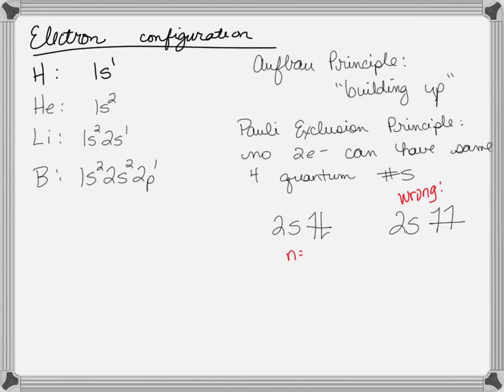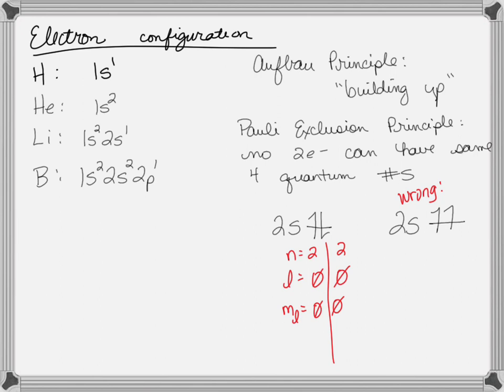Okay, so these 2 electrons right here. Do y'all see that both of them have a principal quantum number of 2? Because it says 2s. What's their L value? S. L is 0. What's their ML value? If L is 0, ML has to be 0. Okay, so at this stage, they both have the same 3 quantum numbers.